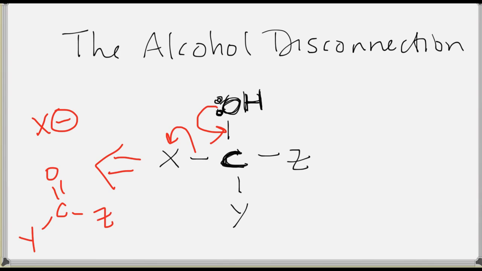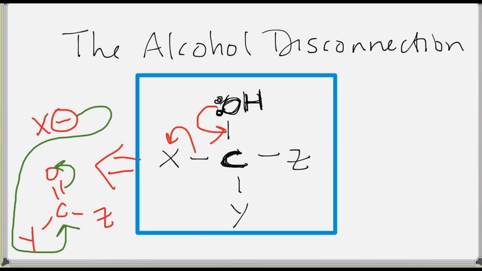Because if you think about it, what's happening mechanistically is my nucleophile X- is reacting with my electrophile, the carbonyl, to give you, in fact, that particular alcohol upon workup.